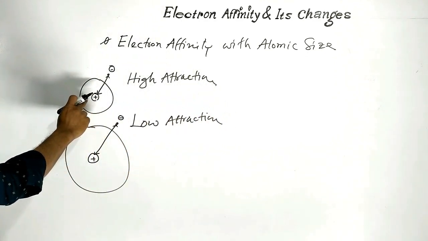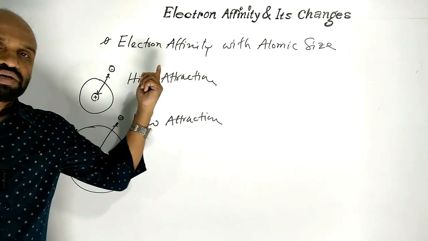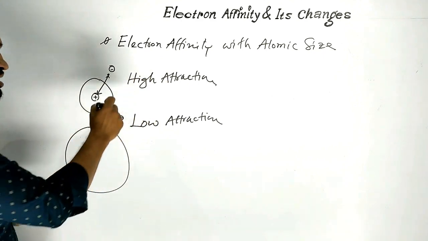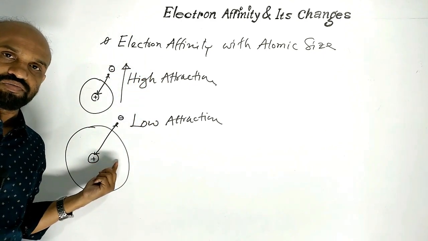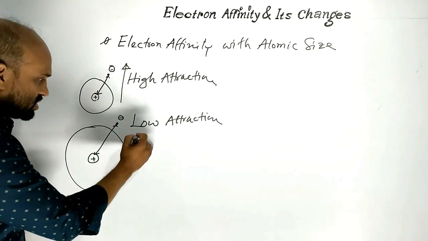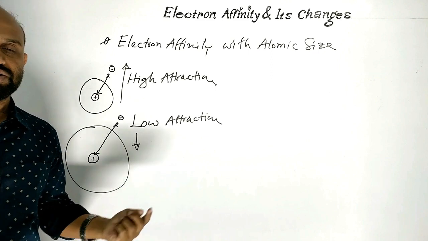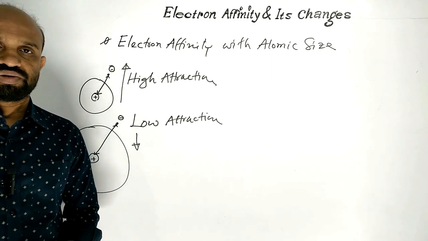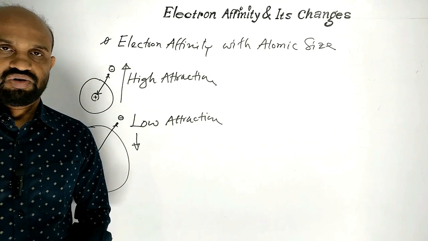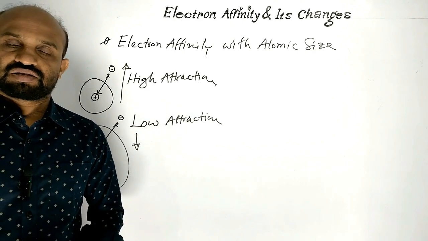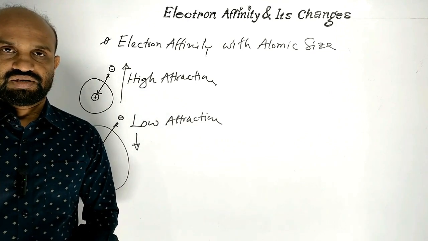That is, for smaller size atoms, electron affinity is higher, and for bigger size atoms, electron affinity is lower. The smaller the size of atoms, the higher the electron affinity, or the bigger the size of atoms, the lower the electron affinity.